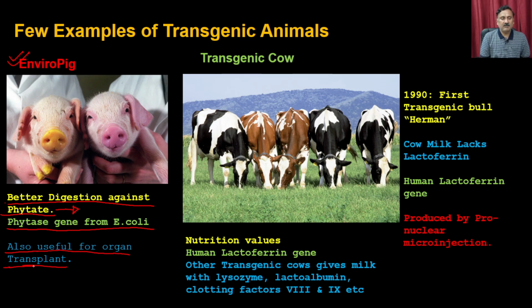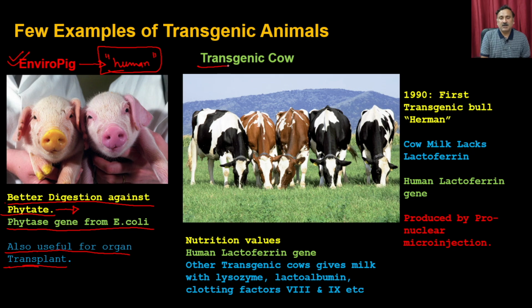Remember that pigs are very closely related to humans, not only in terms of physiology but also in terms of the size of the organs, and that is why there are trials where you can use organs from the pig for organ transplants.